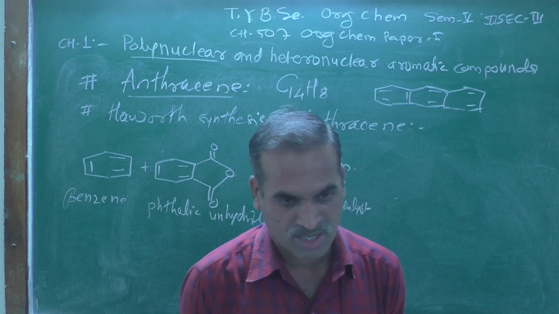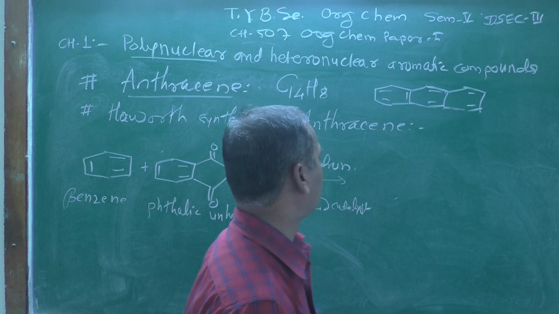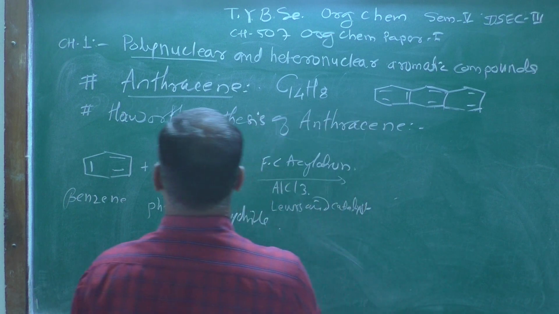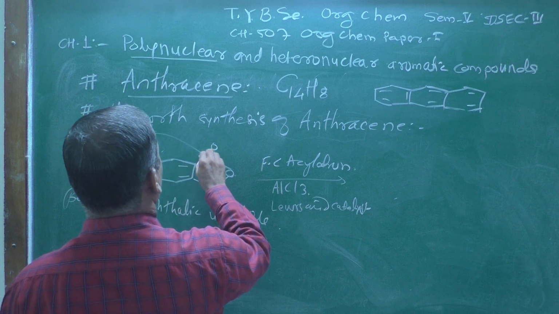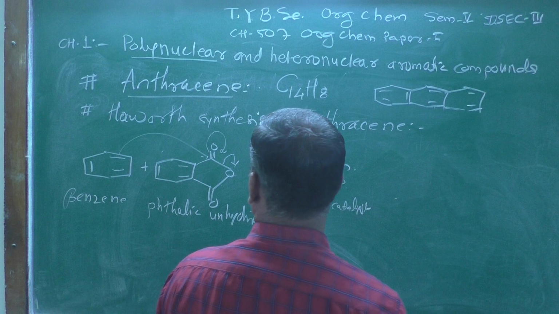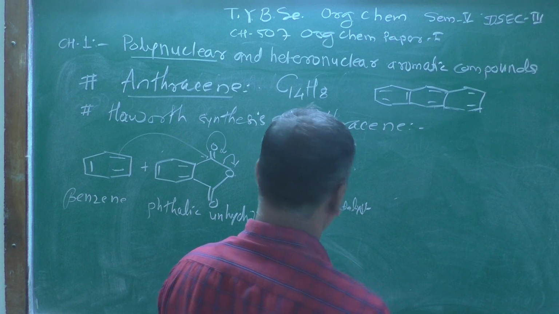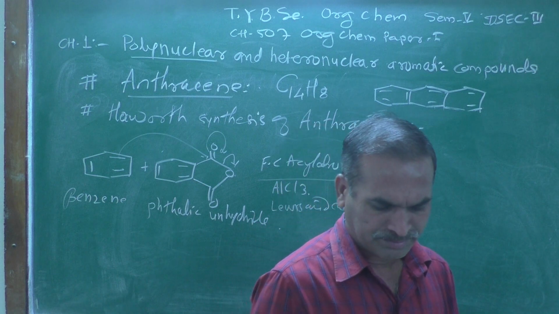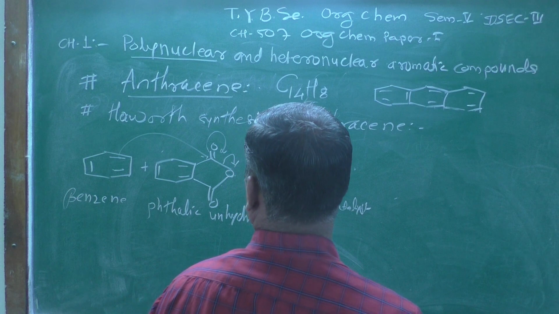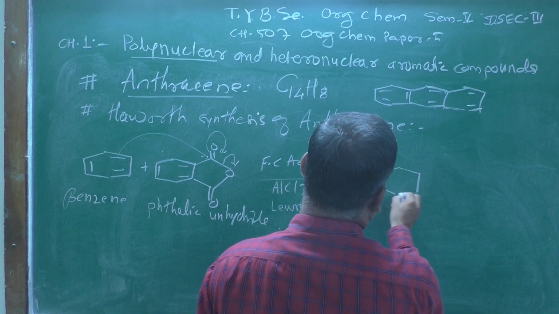That is the definition of the mechanism, and according to that, it is attacking on that carbonyl group, so it gets opened like this, and you get the compound with this one. It's a compound which you are going to get.